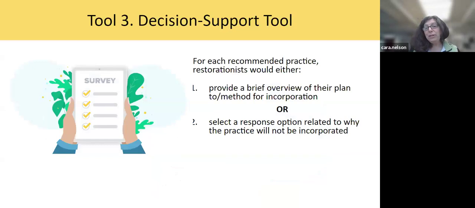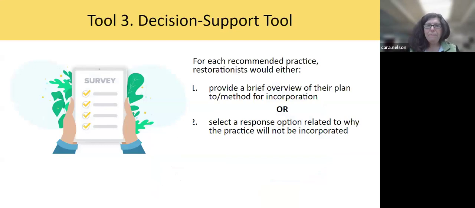Okay, in going through the survey, there'd be some filtering up front based on your type of project. So that would be by your biome and by your community group or federal agency, that would filter the 300 practices to a more manageable list.